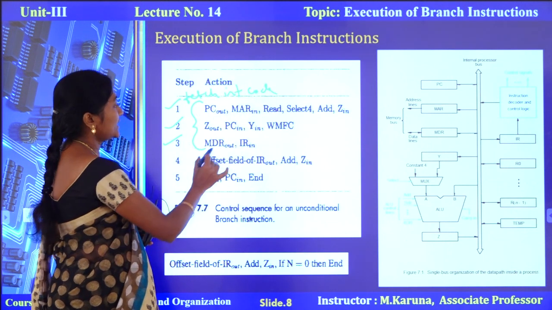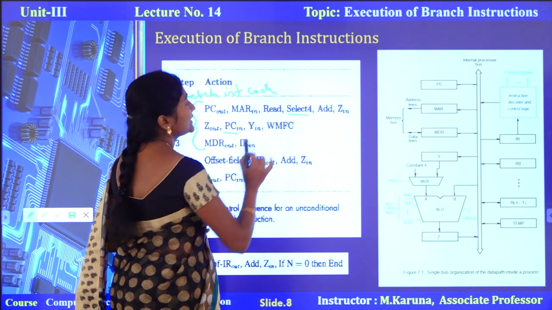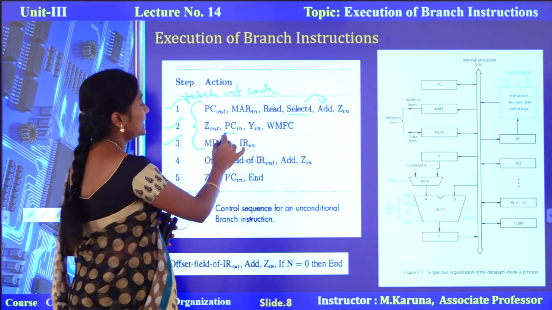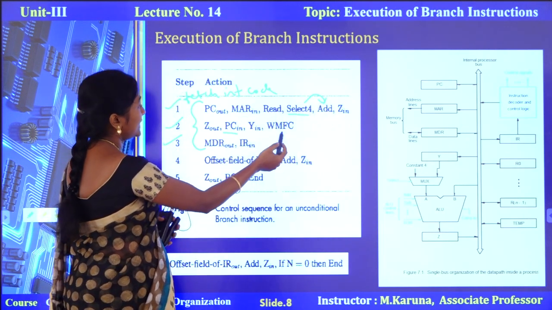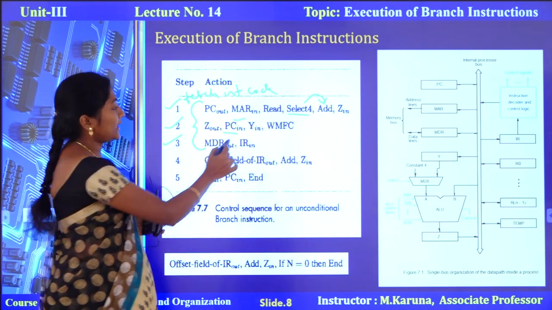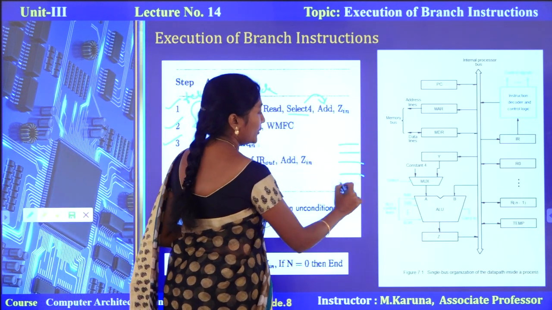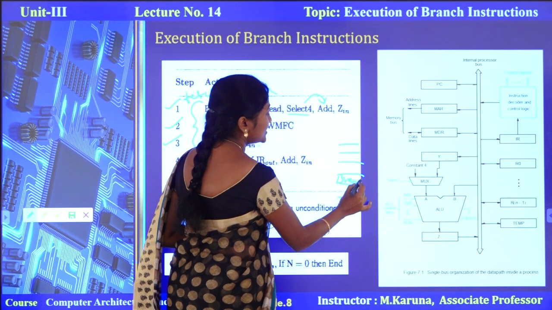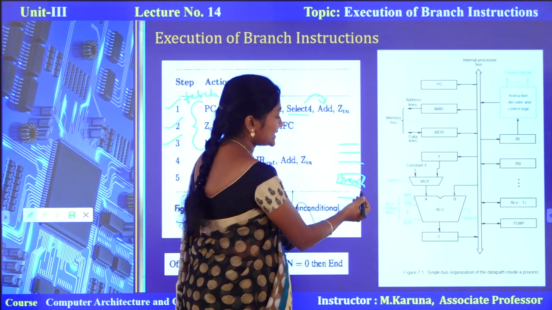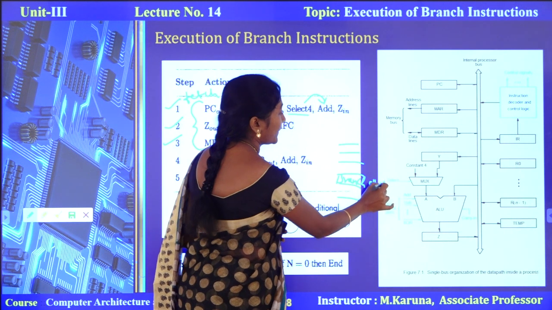Here the PC will be updated by selecting 4. 4 will be added to the content of the PC, and then the updated content is entered into the PC. Now, after getting the first instruction code, this program contains a branch instruction. In a branch instruction, it may contain either the target address or the offset address.